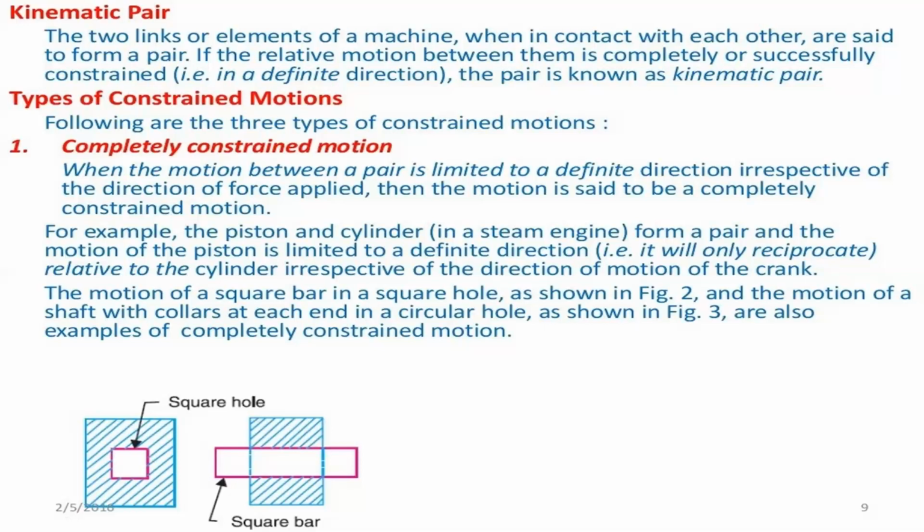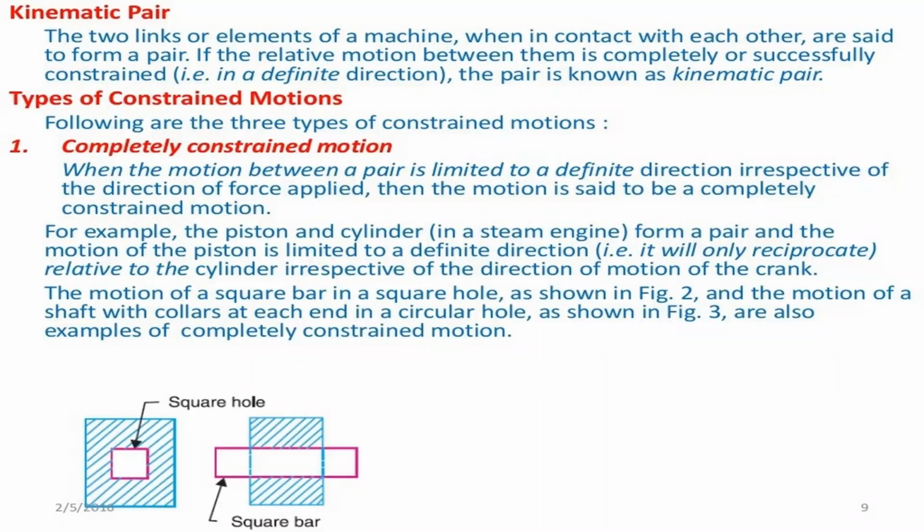That is the main point here. The shape is given as square here, so the square bar transmits motion in only one direction, that is, the horizontal direction when it is placed in the vertical position.